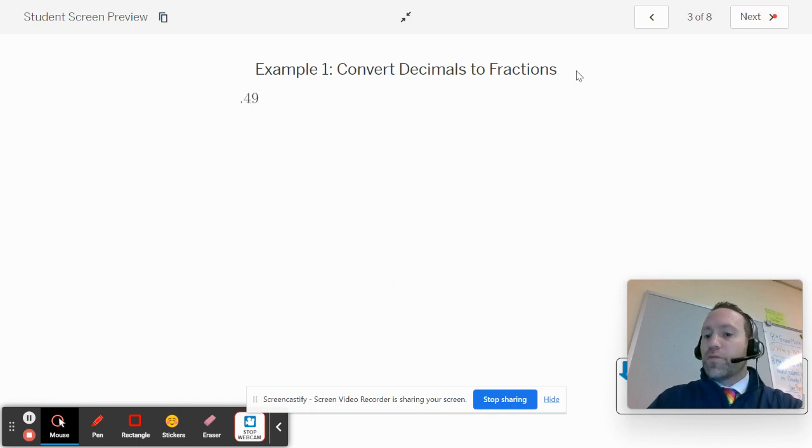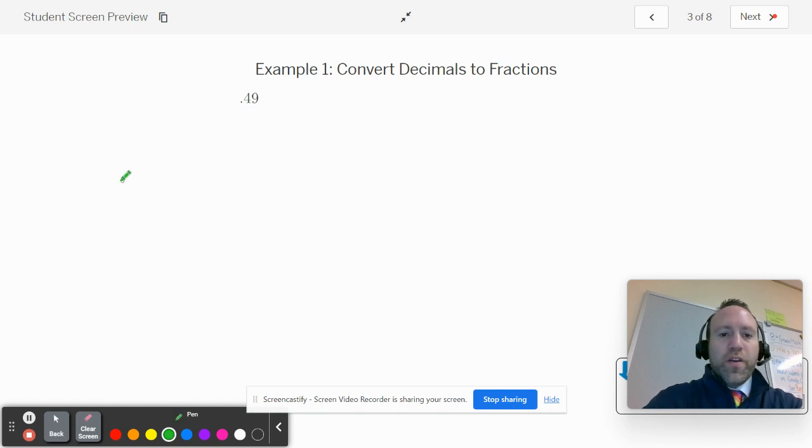Let's convert this decimal to a fraction. Now, I noticed that it's two decimal places. We talked about this in preparation for our last quiz. The 4 is in the tenths place. The 9 is in the hundredths place.